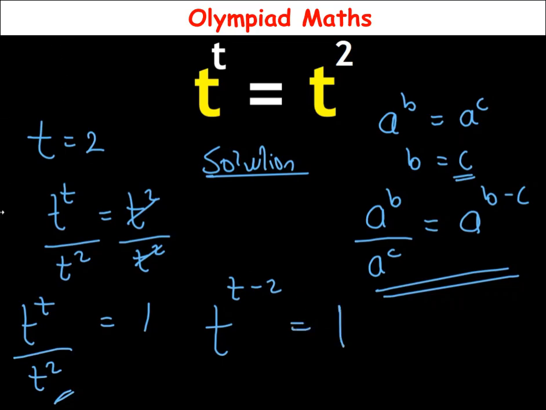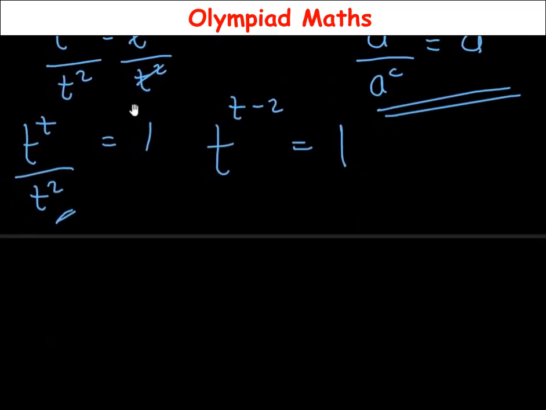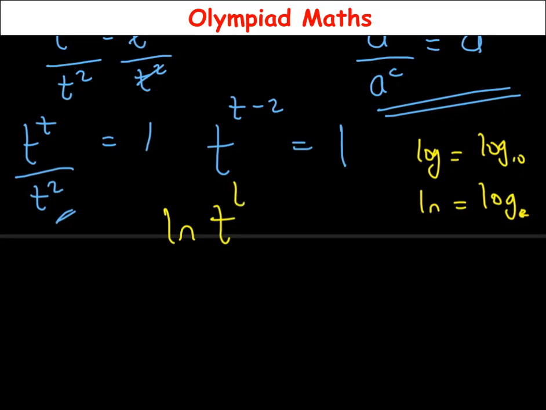At this junction we are then going to introduce natural logarithm to both sides of the equation, but don't forget that log is log base 10, while natural logarithm ln is log base e. So we can apply the property of logarithm to natural logarithm. Introducing natural logarithm to both sides, ln t raised to power t minus 2 is equal to ln 1.